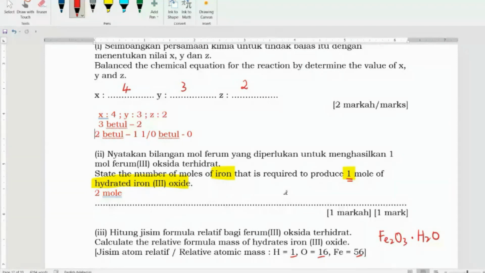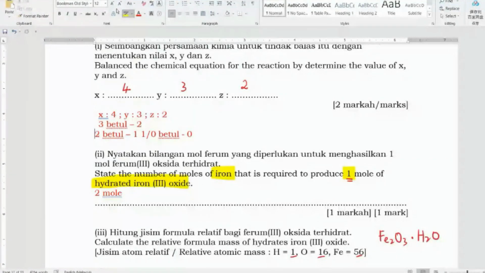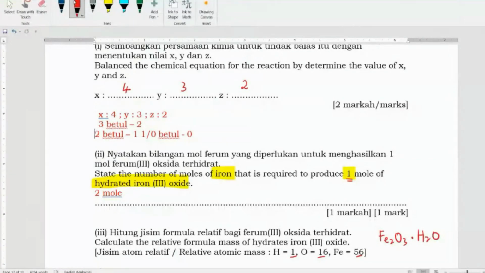You don't know how to calculate or what? Don't know how to calculate. Okay. Jonathan, how about you? Have you calculated?